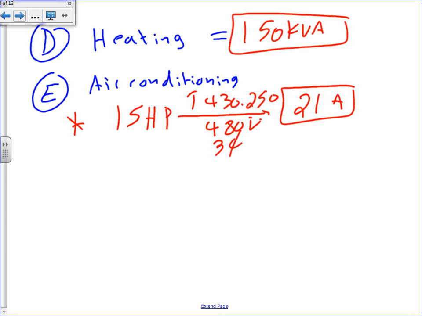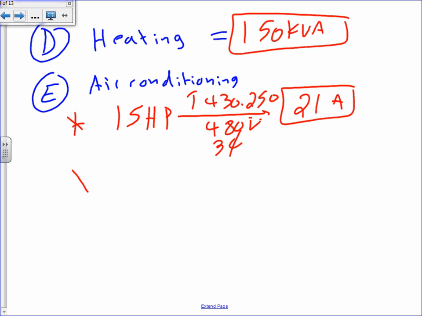Anybody disagree with that? In the table the voltage will be 460, the nominal being 480, but the actual operating voltage in the code is 460, a little bit less. That's step one you have to do.